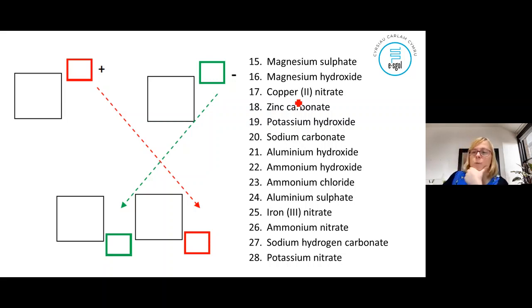Let's go for zinc carbonate. Okay, so if I go for this one here, zinc, okay, is Zn, and it's got a charge of 2+. Carbonate is CO3. Again, it's 2 though. Okay, so if you remember that kind of sub rule, we have now got 2 and we have 2.